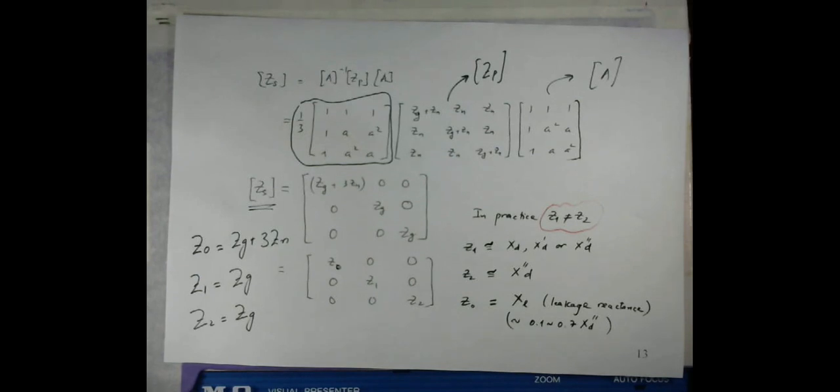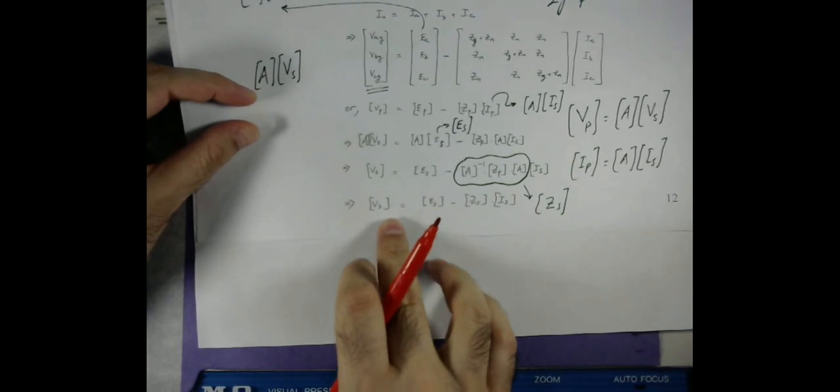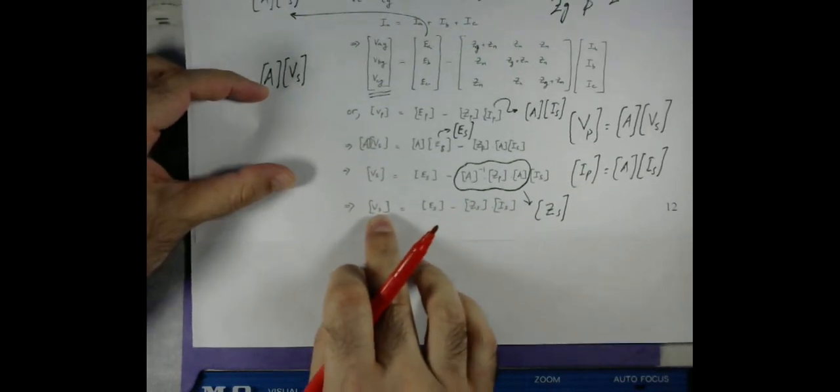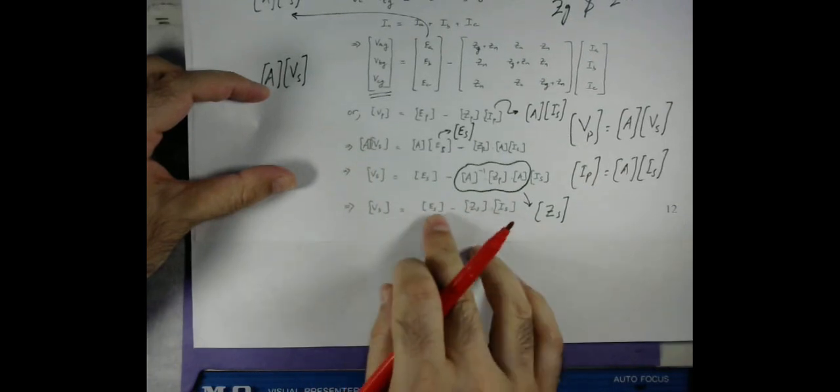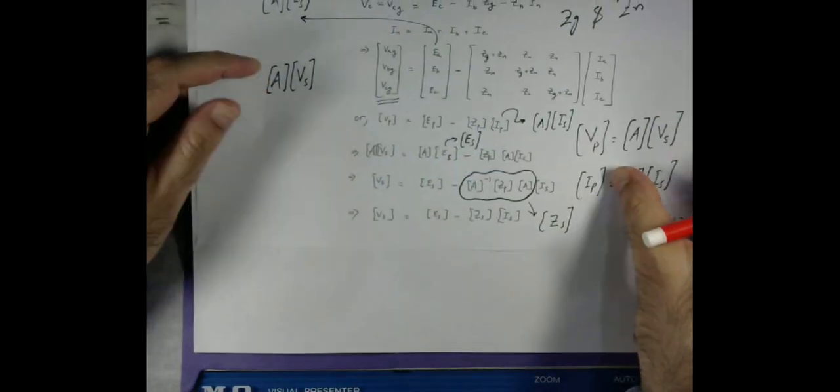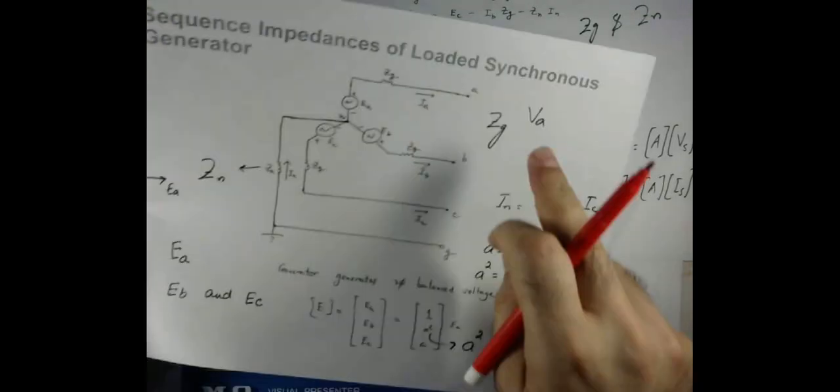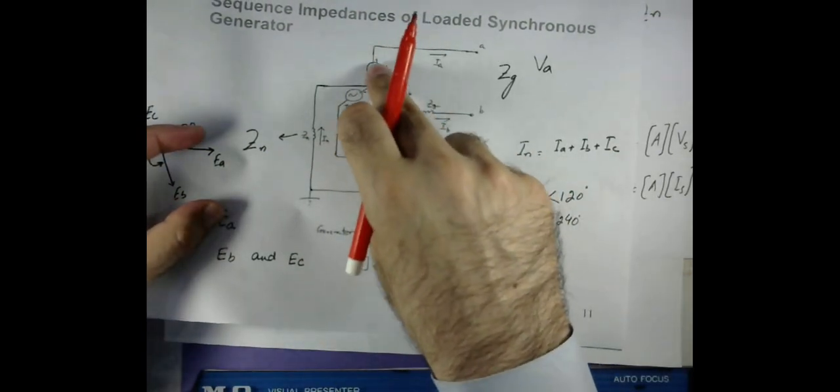As I discussed, if you look here, these are the sequence voltages with respect to the ground from the terminal to the ground, and this is the generated voltage with respect to the ground.